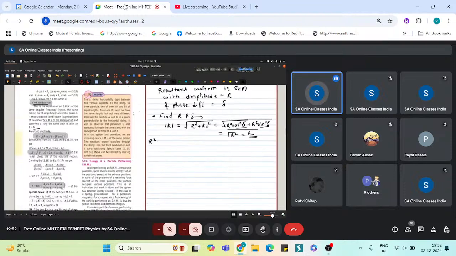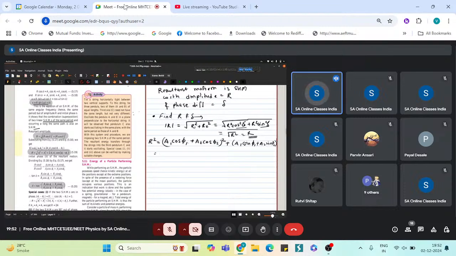So we are going to write r square is equal to a1 cos phi 1 plus a2 cos phi 2 square. This is r cos delta square, and now r sine delta square is a1 sine phi 1 plus a2 sine phi 2, and then its square.